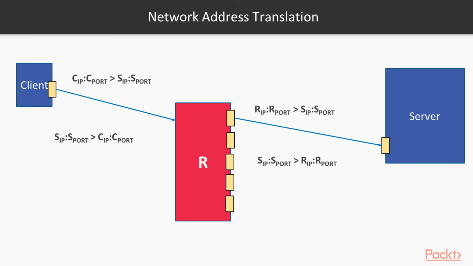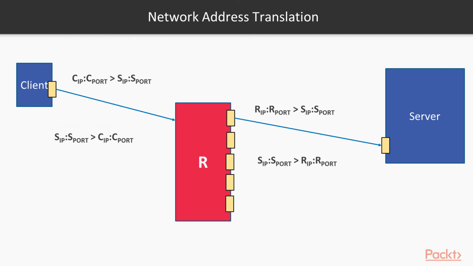And then the answer, because the server has no knowledge about what's behind the router on the private network, is sent from the server IP and server port to the router IP and router port. And then the router changes it back and sends the package with the source address server IP, server port to the client IP, client port.